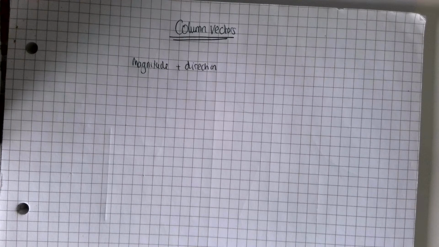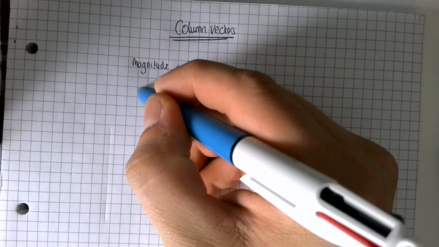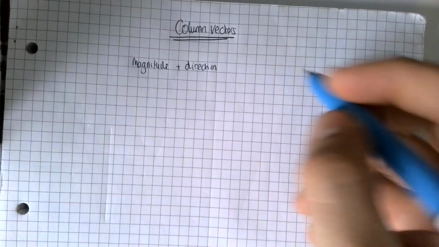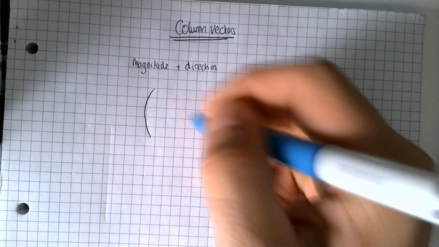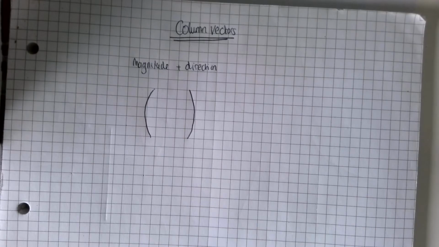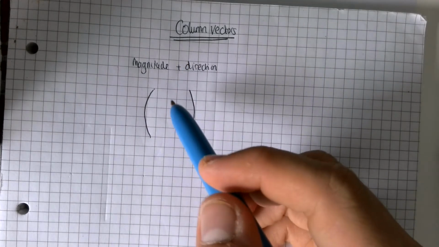We've actually come across column vectors before. We did it very briefly, but it does form a big part of translations. So if you remember, if we want to move a shape from one point to another, we describe it using a vector. So we draw some quite big brackets and we're going to put some numbers in a column.